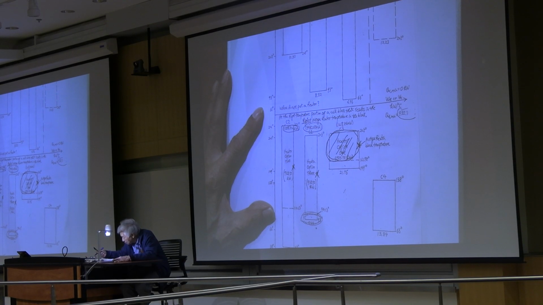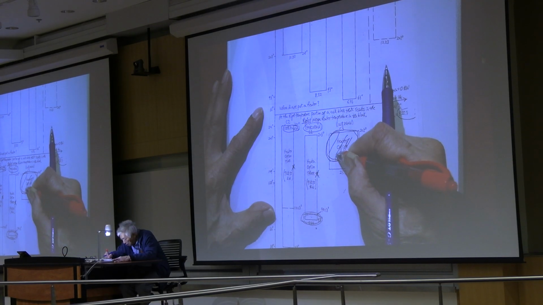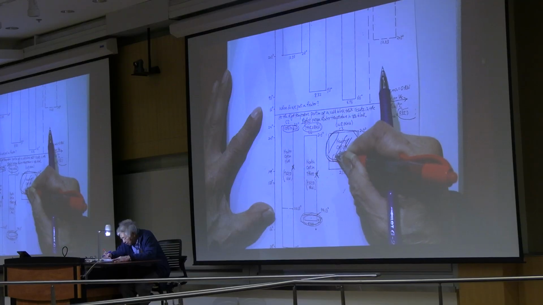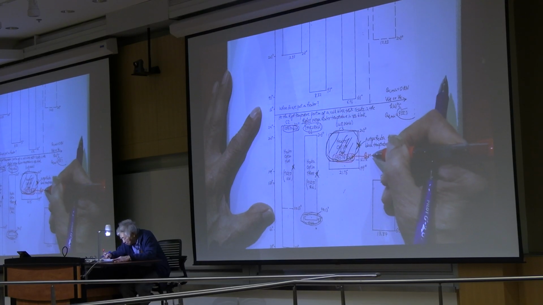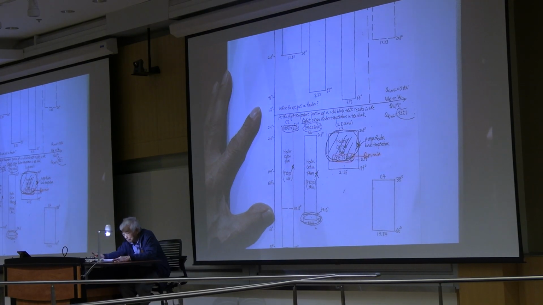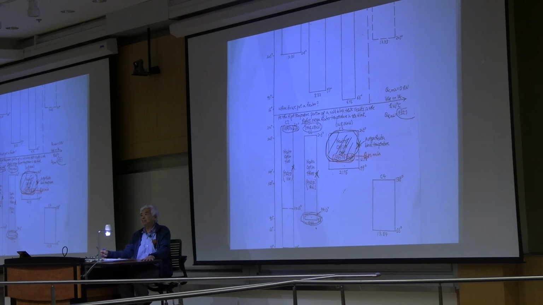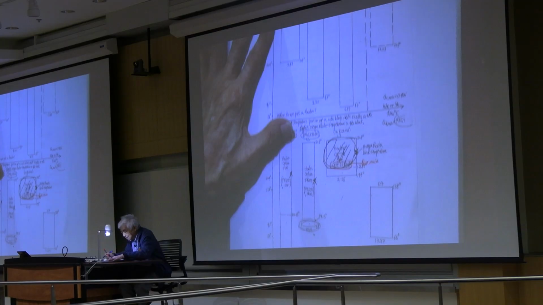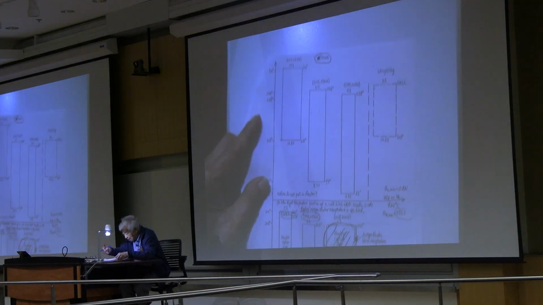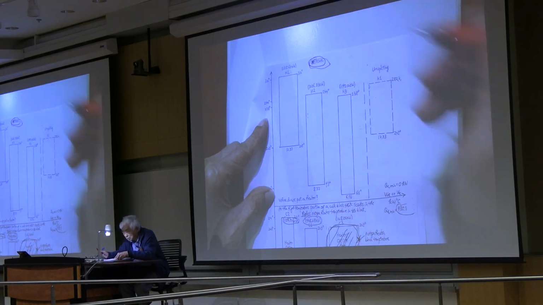Now, for this problem, the second problem, we know the minimum heating requirement. Where do you put your heater? That's where you made a mistake. Again, steam temperature the highest.